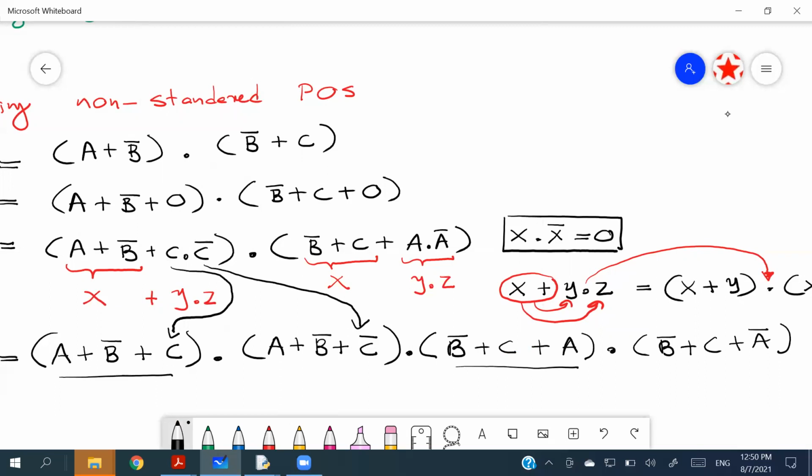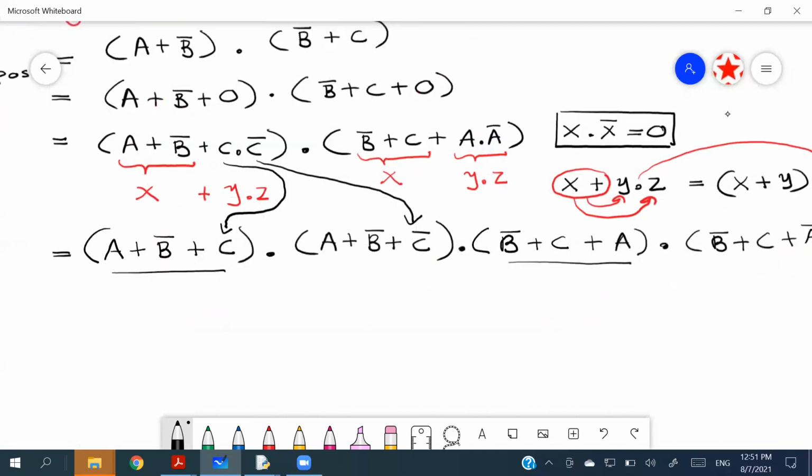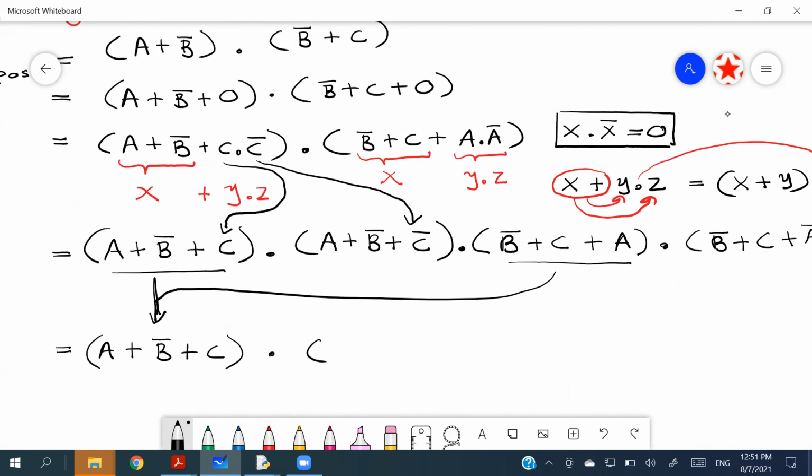Those two are the same: A plus B bar plus C. So I'm going to write one bracket on behalf of them: A plus B bar plus C, dot, A plus B bar plus C bar, dot, A bar plus B bar plus C as the last one.